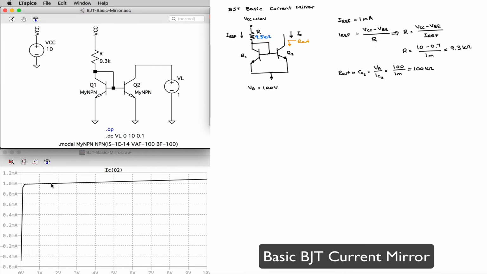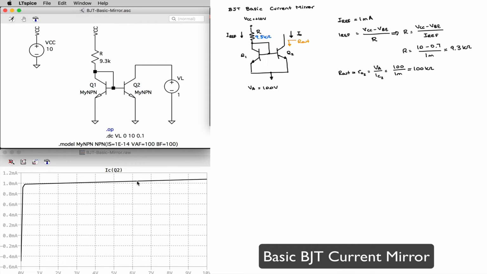But within the linear range of the transistor Q2, my current is approximately equal to 1 milliamp, and it increases slightly with changes in loading conditions, which is just an indication that the output resistance of my current source is not infinity, which would be the ideal value.